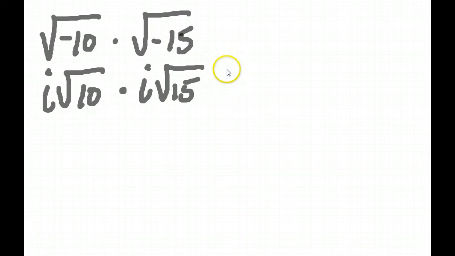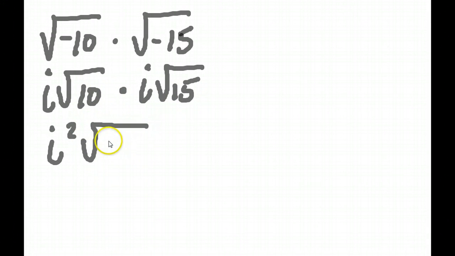And when we're multiplying radicals, we multiply what's outside of the radical first, i times i, so that's i squared. And then underneath the radical, we have 10 and 15. So we have i squared times the square root of 150. But we can pull things out of that 150 that are perfect squares to simplify this down.